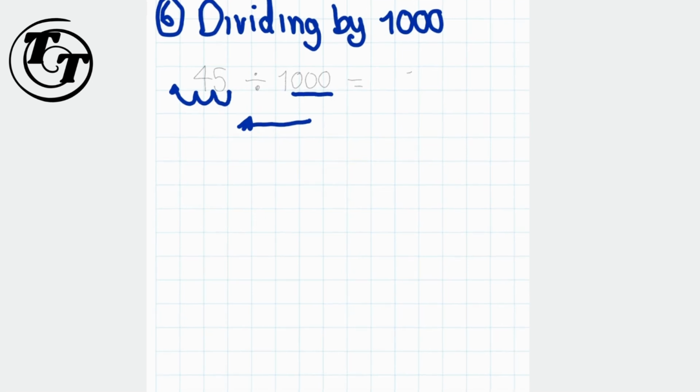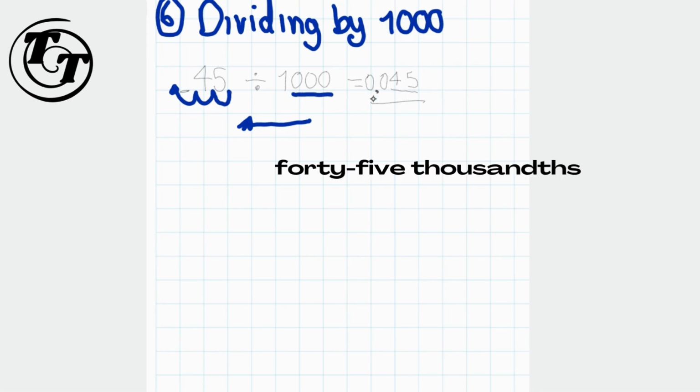So we fill those spaces. We have 0, decimal point, 0, 4, 5. Remember, every time that we write the decimal point at the beginning, we add the 0, but at the end, no, because it is at the end of every number and we don't write it. So now we've got that the result is 45 thousandths. We don't name the beginning zero. Easy peasy.